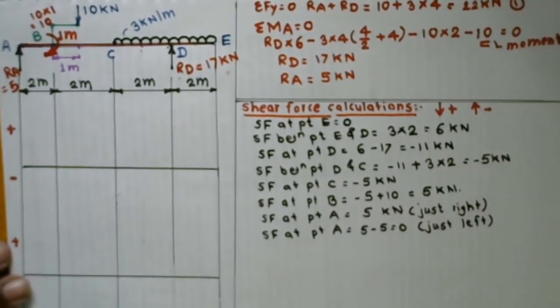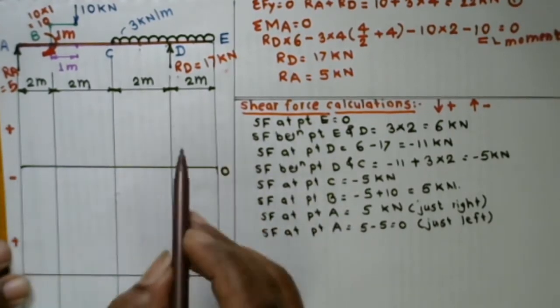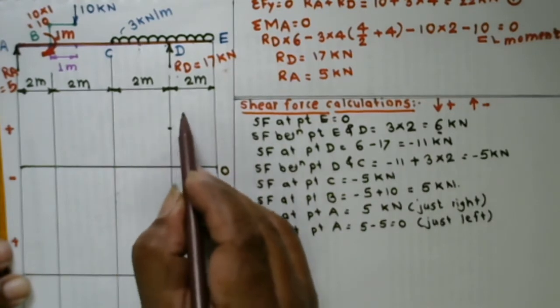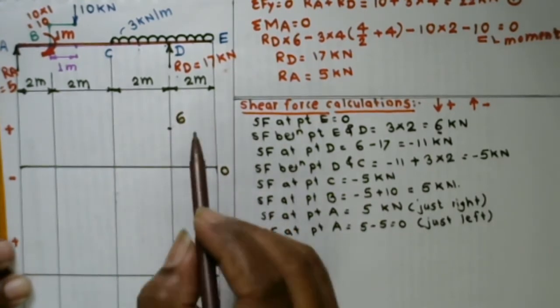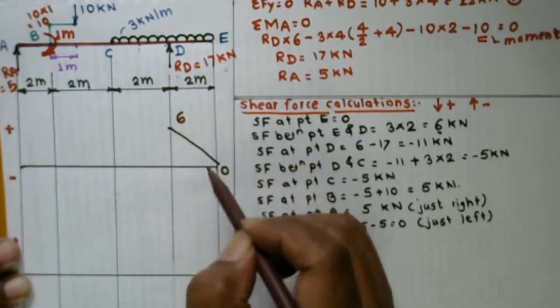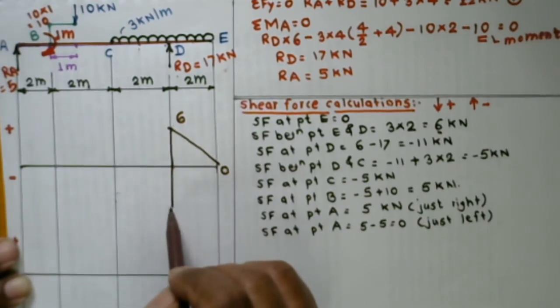Now we have to mark the shear force diagram. At point E the shear force is 0. Between points E and D it is positive, that is 6 kilonewton. There is a UDL, so we have to join by an inclined line. At point D it becomes minus 11.